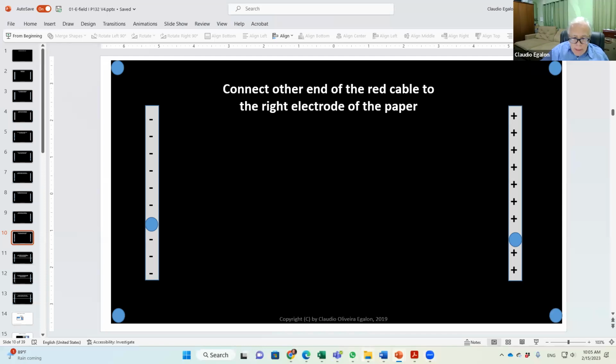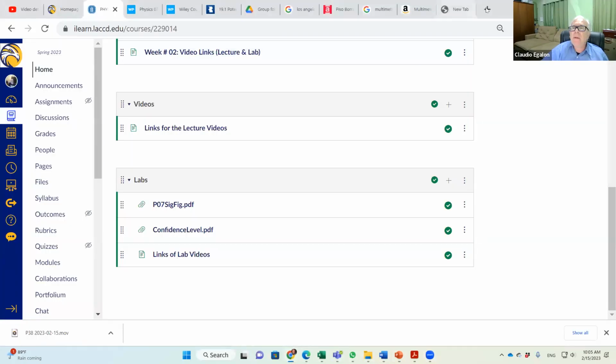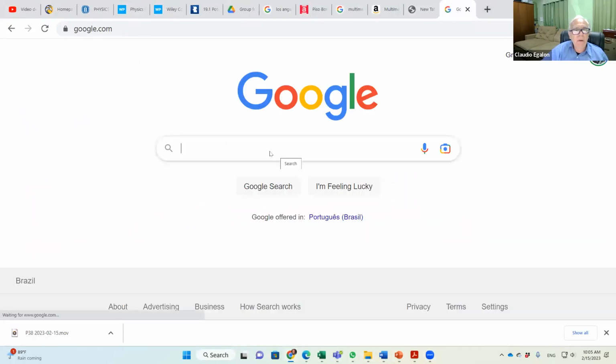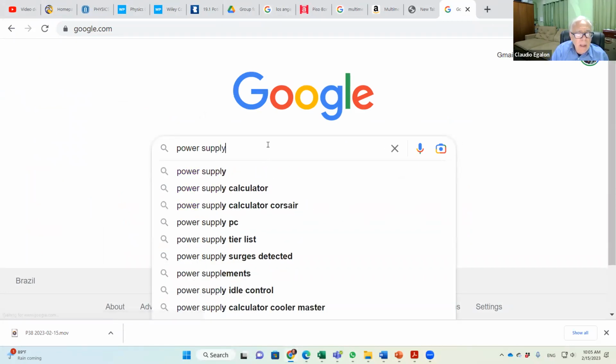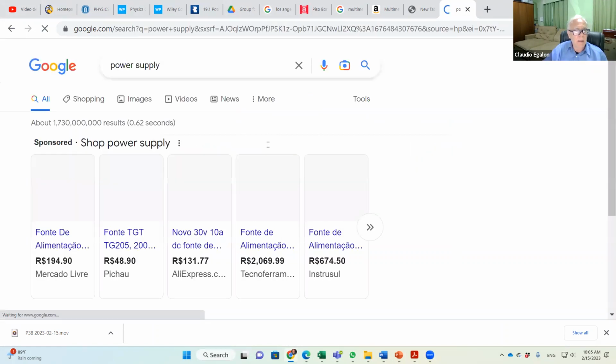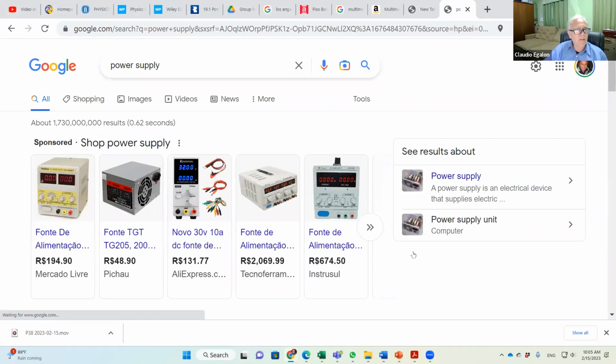So for a real life power supply, right? Power supply is here. A real life power supply looks just like that. It doesn't look anything like my battery, right? But it does the same job. We have all sorts of power supplies here.